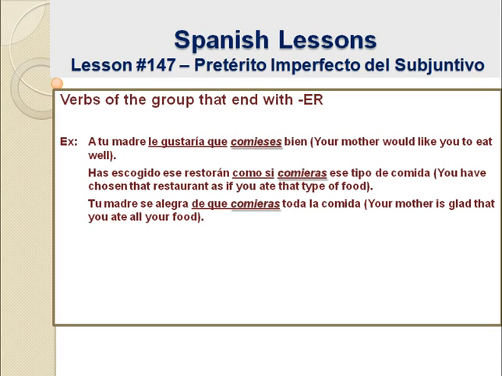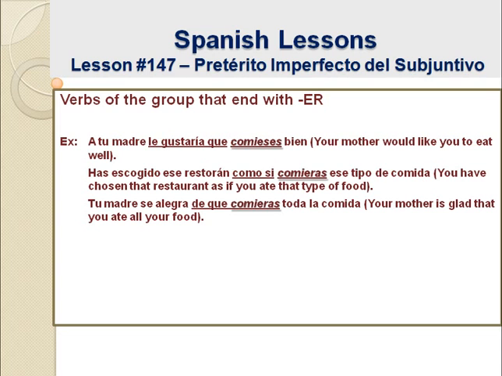You have chosen that restaurant as if you ate that type of food. So you see that either the word que or the word as if are signs that we are going to use the modo subjuntivo, okay?